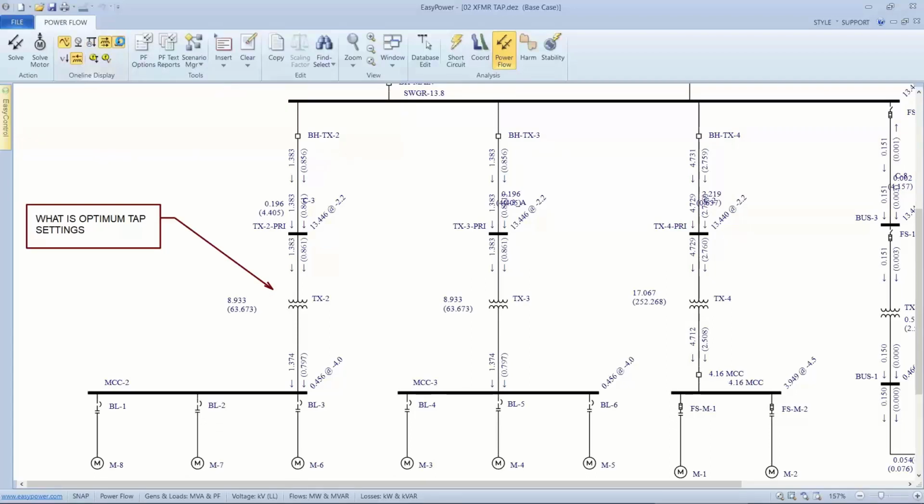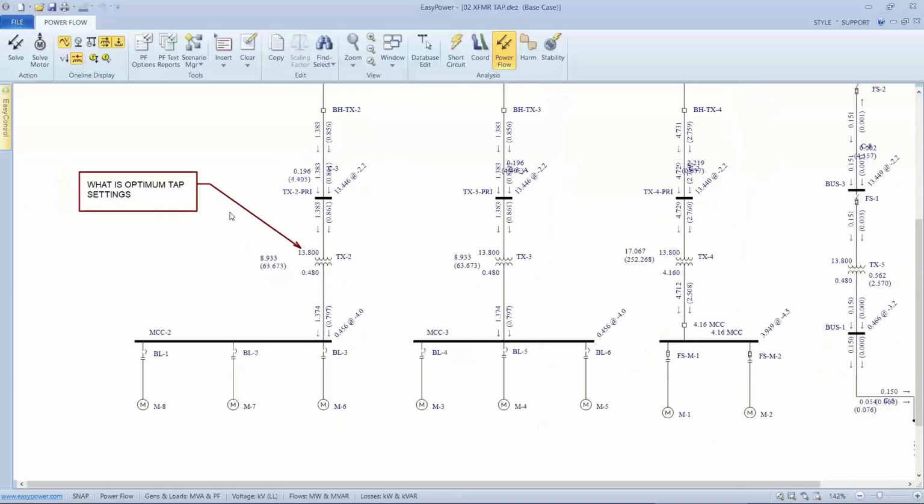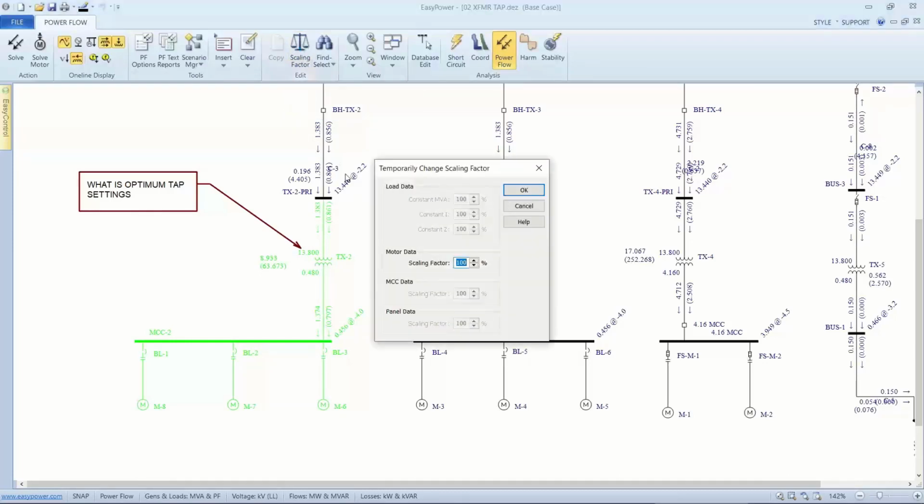Now we're showing the transformer was tapped the same way it was set up, but is that the optimum setting for our steady state operation? Well, again, once we've decided the load and the capacity of the plant, we know that this particular bank of motors is going to be running at 88%. So let's go ahead and scale the motors to 88%.